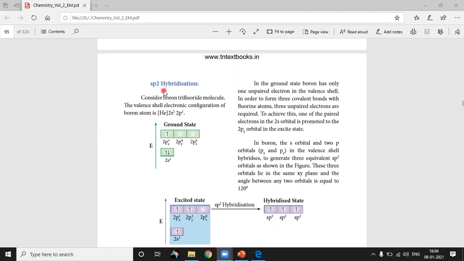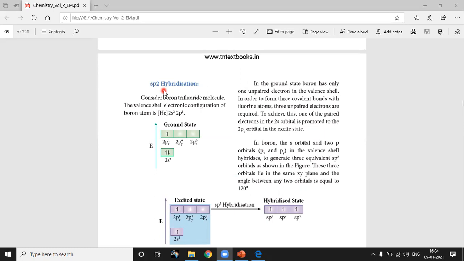BF3 is boron trifluoride. Here also we have to write the electronic configuration for the boron. So now the boron will have the atomic number 5. Okay, so from that 1s2 2s2 2p1. So in the p orbital it has one electron and the s orbital will have two electrons.